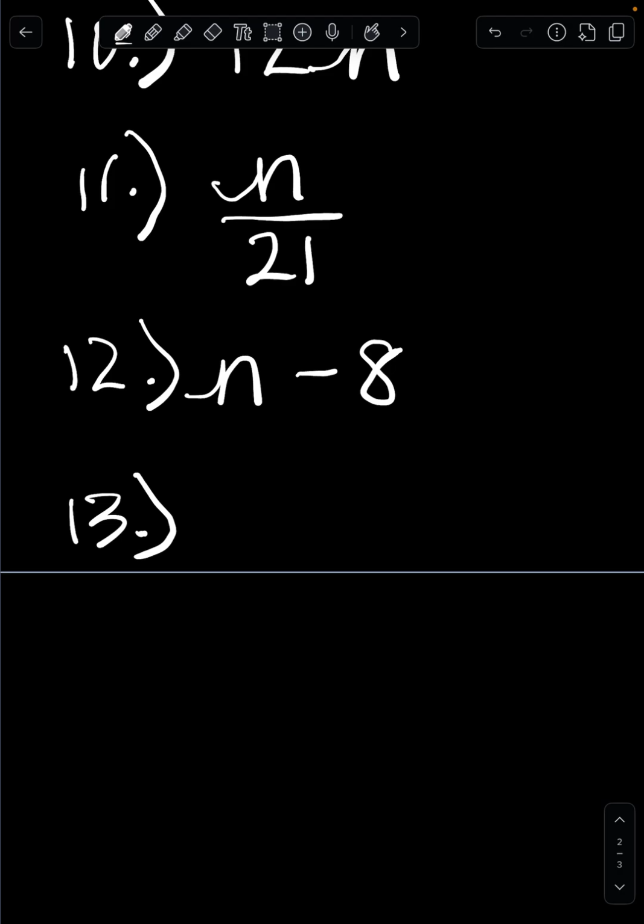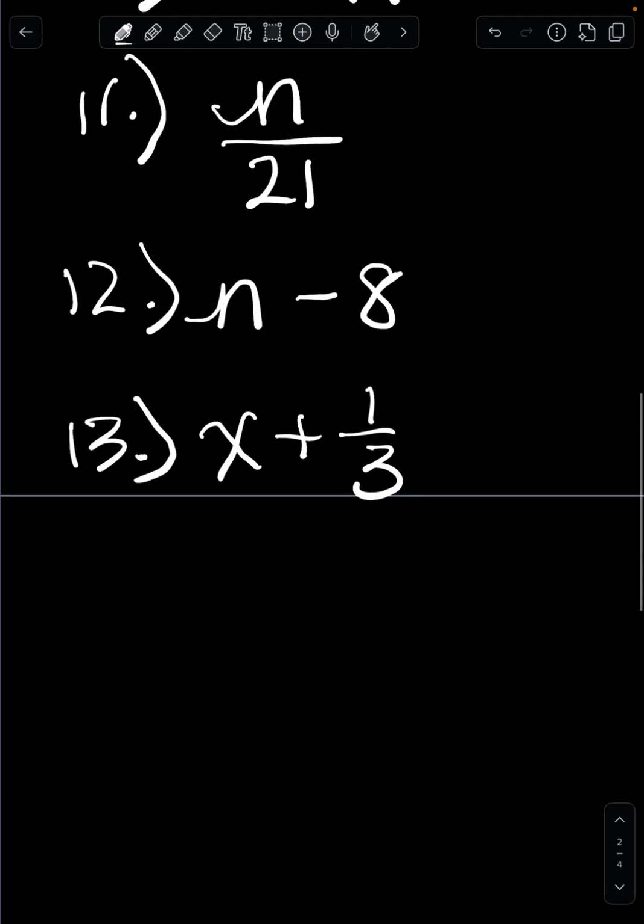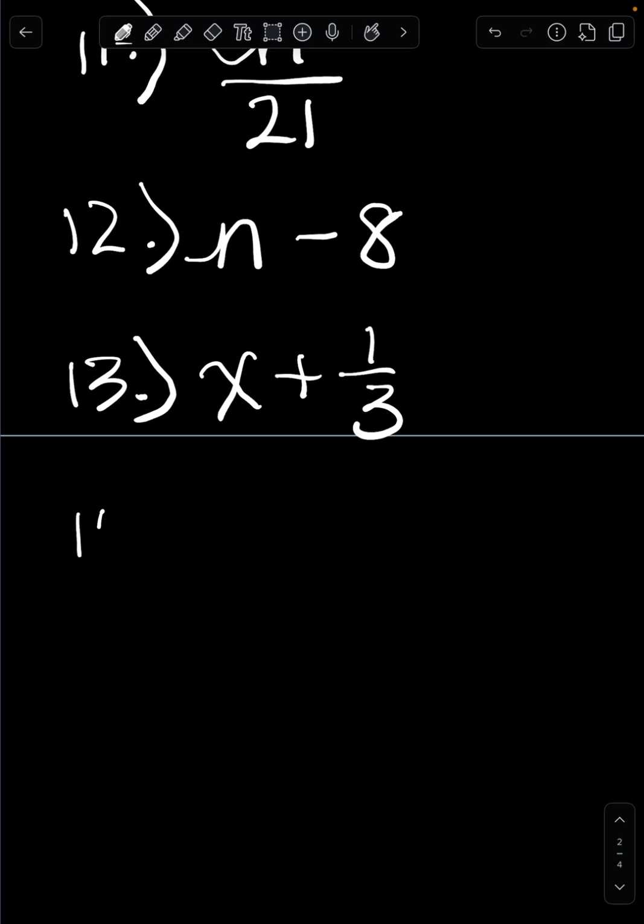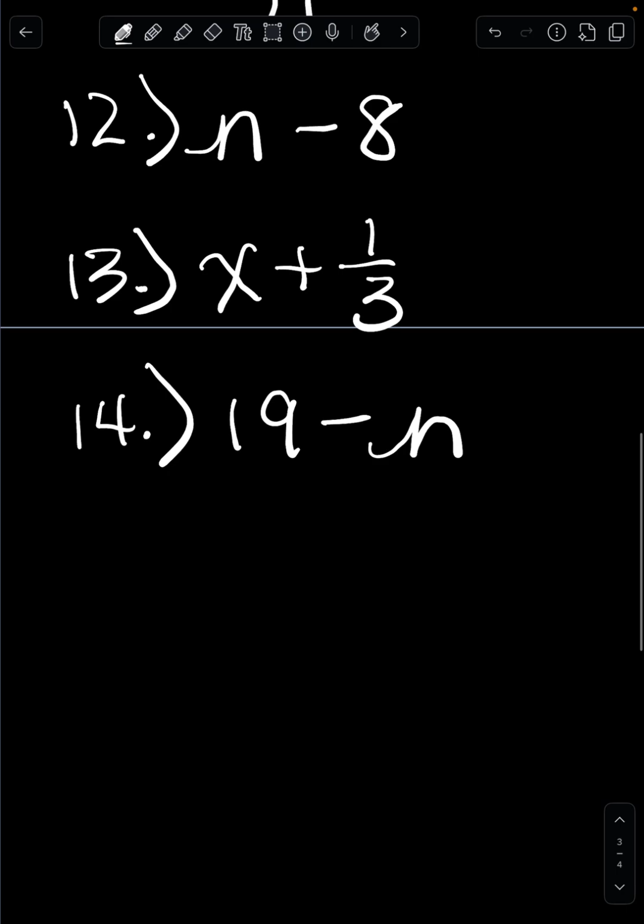Number 13, 1/3 more than x. Here's the more than idea again. So we're going to be 1/3 is more than something. And in this case, it's more than x. Number 14, 19 decreased by a number. So 19 decreased by n.